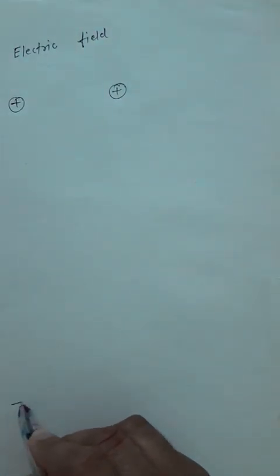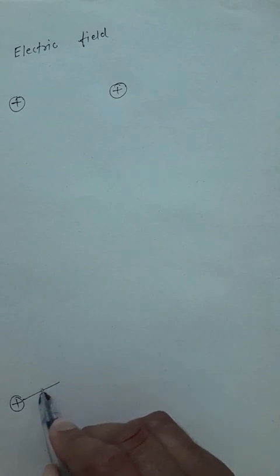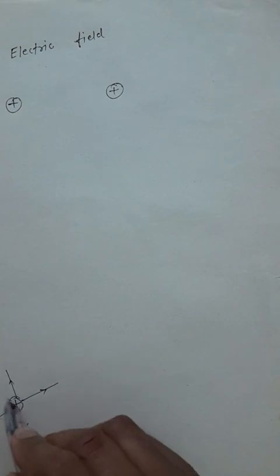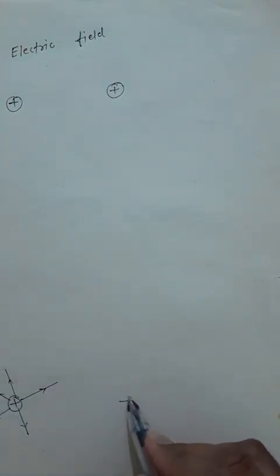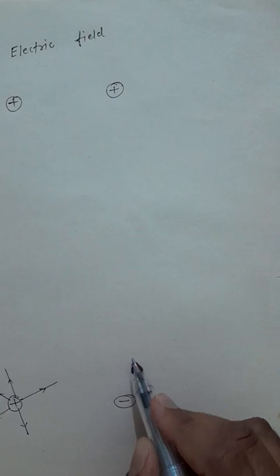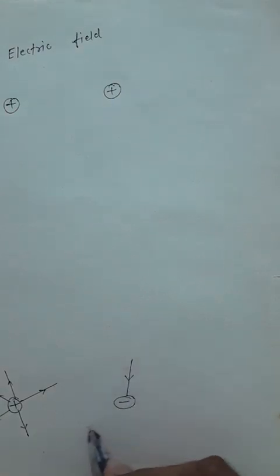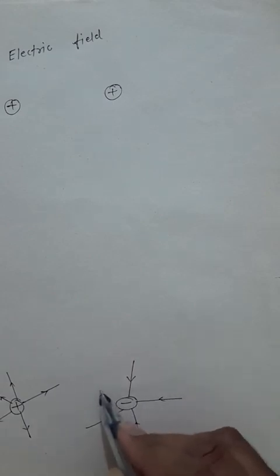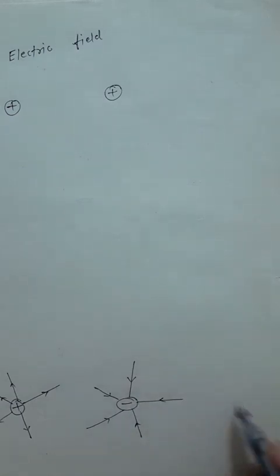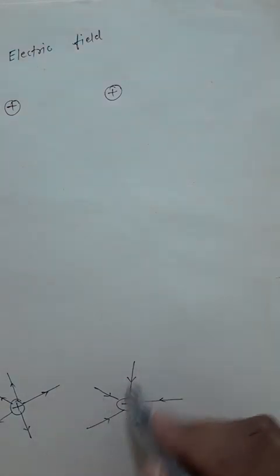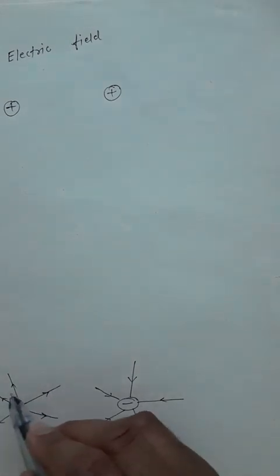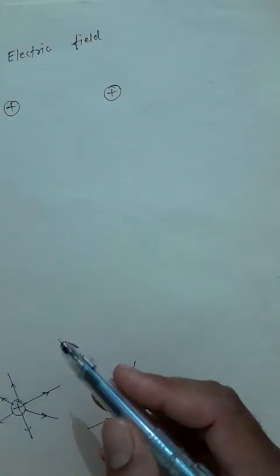A positive charge has electric field lines radially outward, and around a negative charge the electric field lines are radially inward. These lines are coming from infinity, and these electric field lines are going radially outward to infinity.